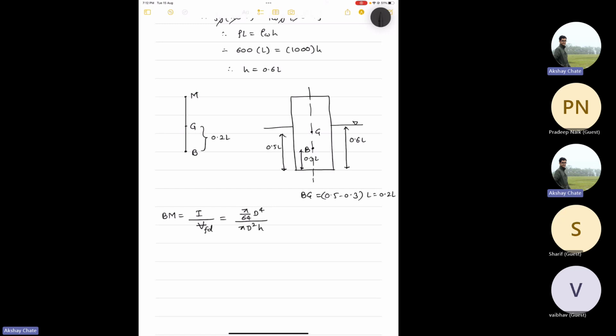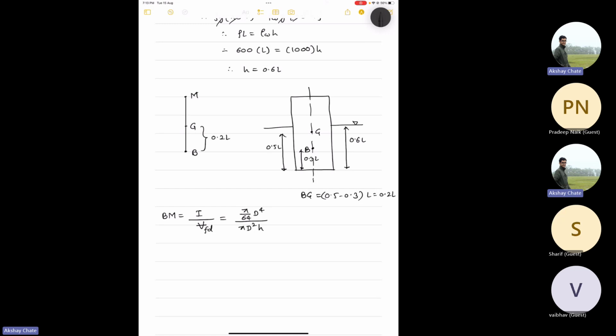I know some of you may have doubts about how this formula came about. I totally understand, but the derivation is out of the scope of this syllabus, so just get the notion of the formula. The numerator is the moment of inertia, so that is d power 4, and in the denominator you have volume, so that is meter cube, or length cube.